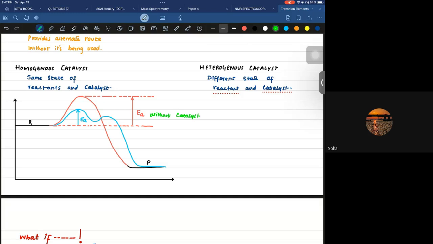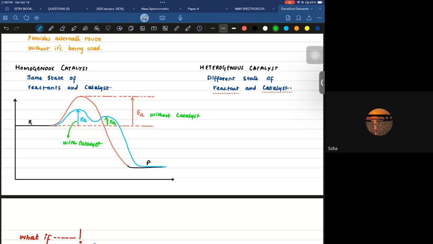That is higher. And this activation energy is with catalyst. This is also activation energy with catalyst. So you will see that after addition of catalyst, the activation energy would be lower.